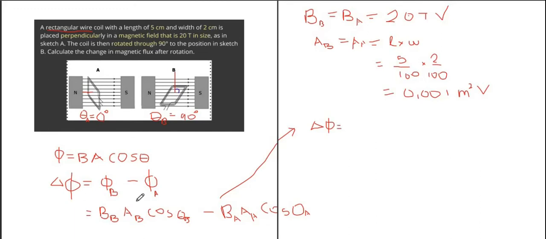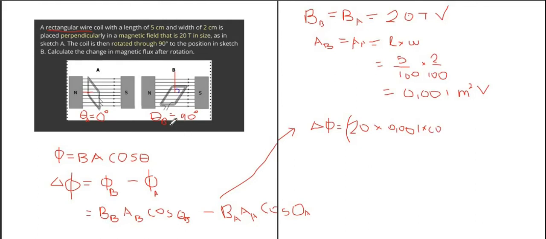The field is 20 T, so 20, and the area you multiply by 0.001, you can put this whole thing in the bracket, multiplied by cos of the angle.